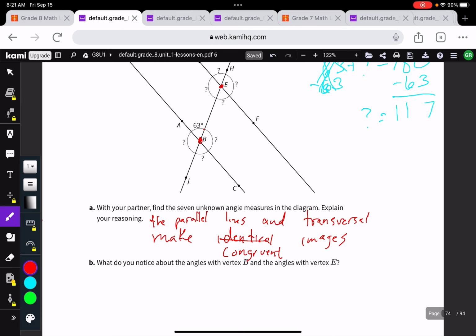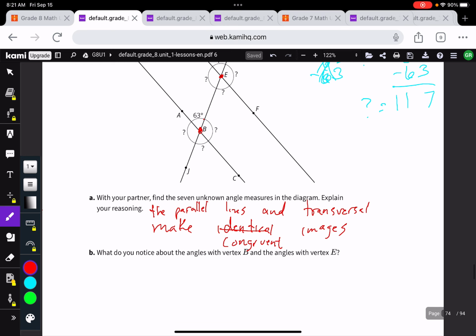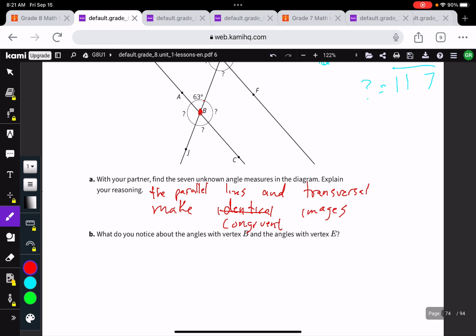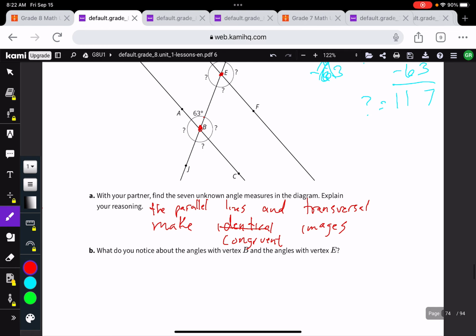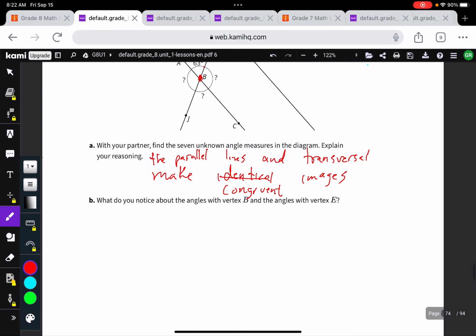I don't even know. This book is notorious for kind of, and maybe that's shame on me for thinking that's obvious. But what do we notice? We should notice all the angles are congruent.